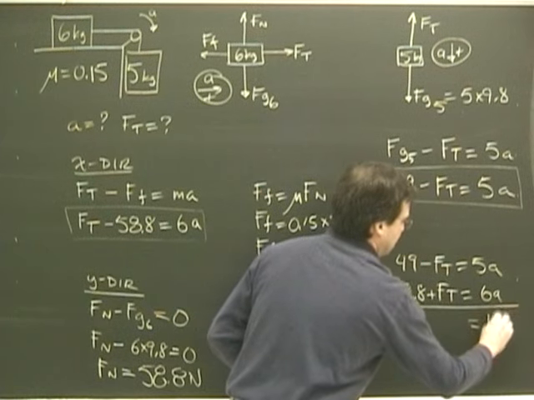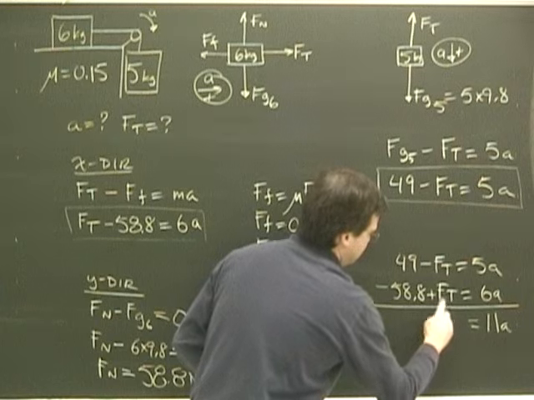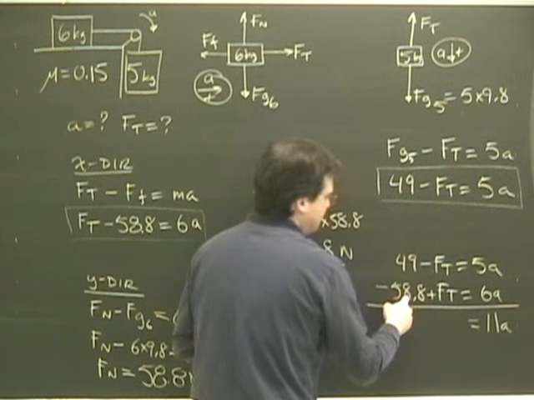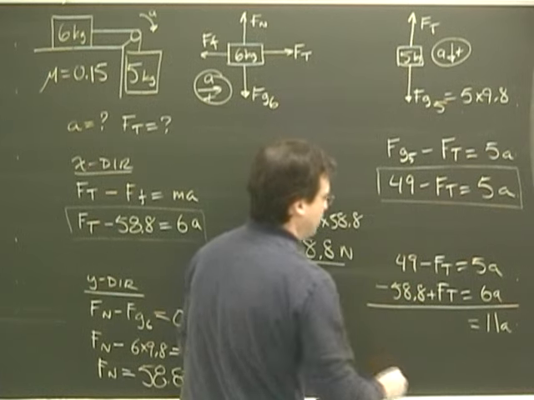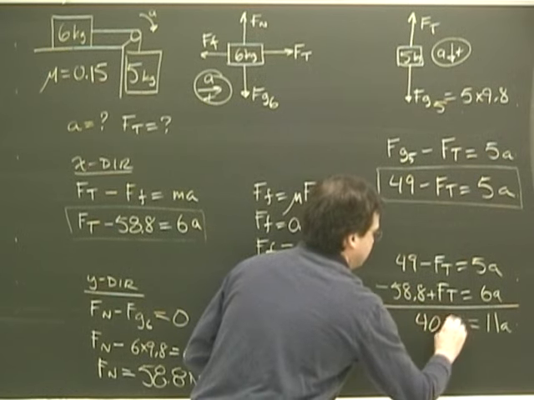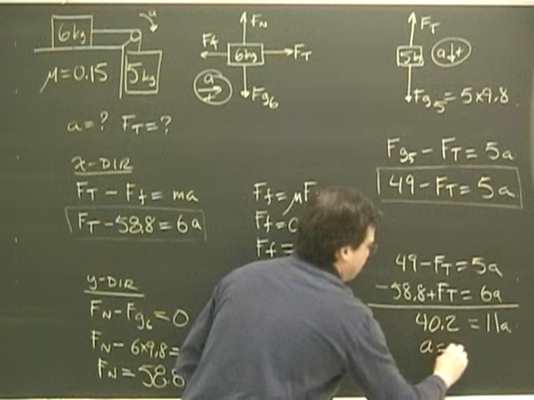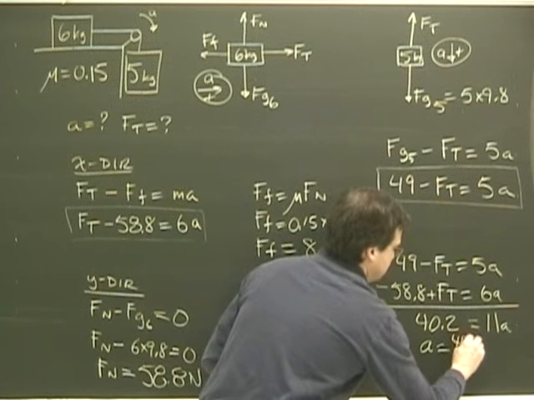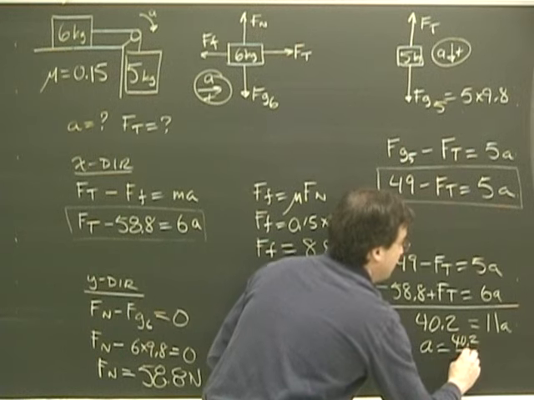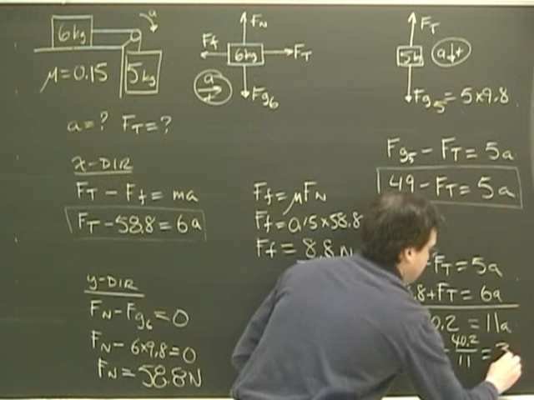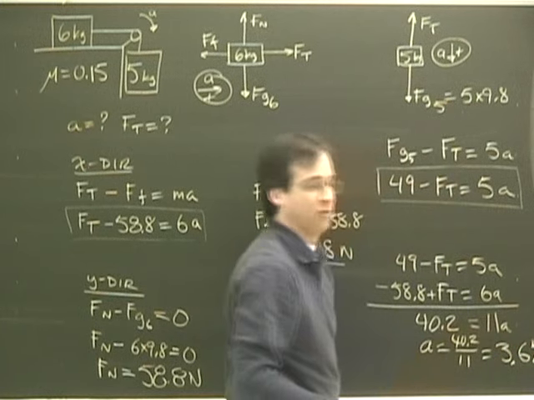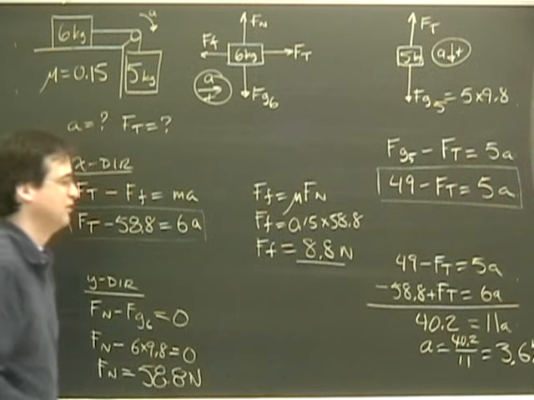This is going to be 11A. The negative Ft and positive Ft are going to get rid of the Ft's. 49 minus 8.8 is 40.2. So I can solve for A. A is going to be 40.2 divided by 11 equals 3.6 meters per second squared.